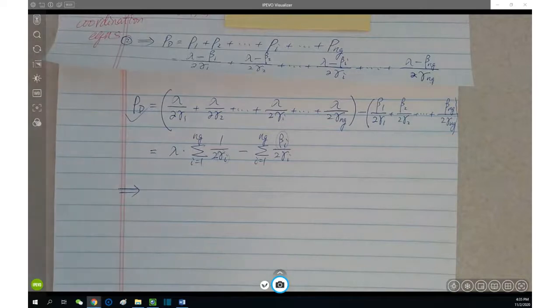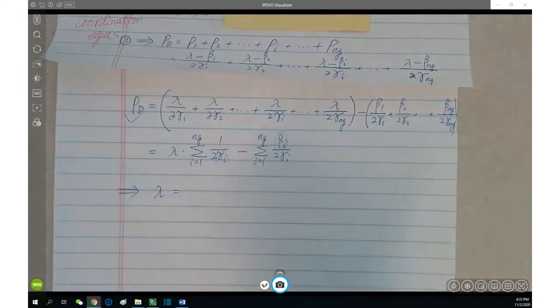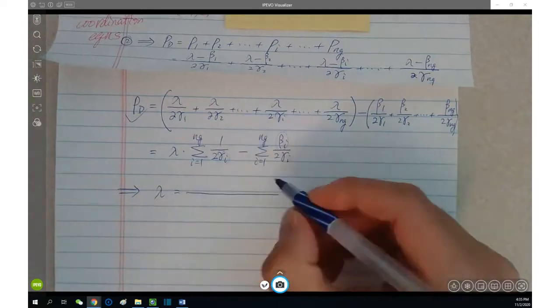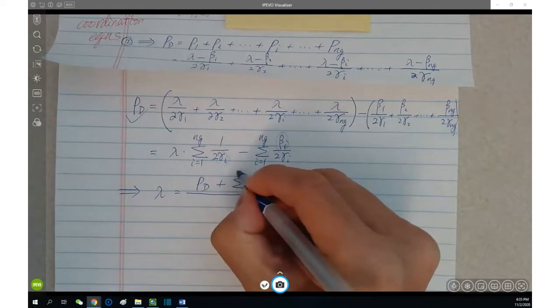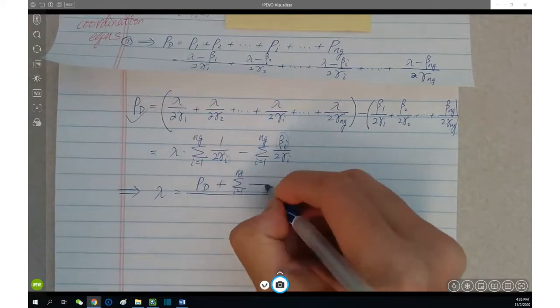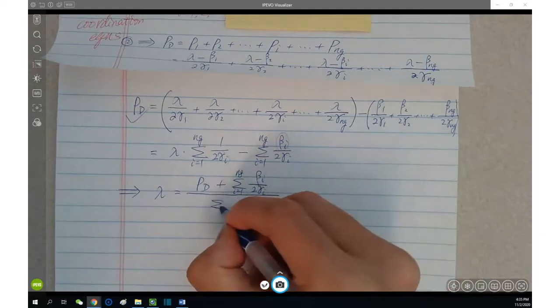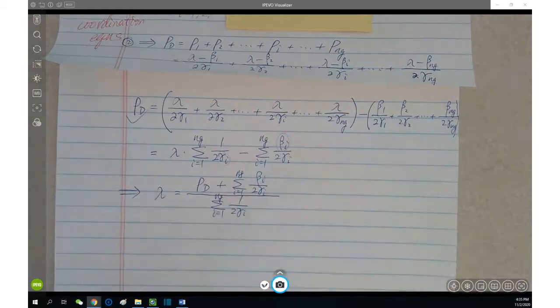Constant. So now it's one equation, only one unknown left, lambda. So we can derive the lambda value, which equals PD plus summation of this, right?